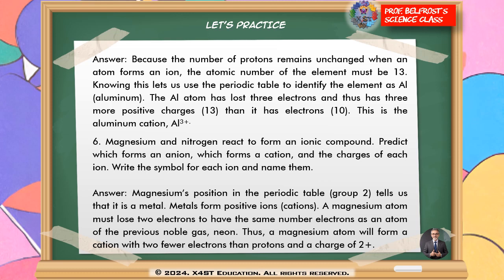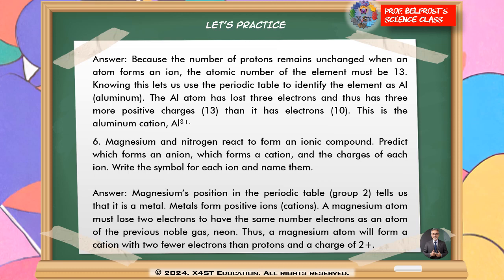But we know from the periodic table that the element with 13 protons, atomic number 13, is aluminum or aluminium. It depends on how you read it. So the aluminum atom has lost 3 electrons and thus has 3 more positive charges than it has electrons. So it is an aluminum cation, which is Al3+.